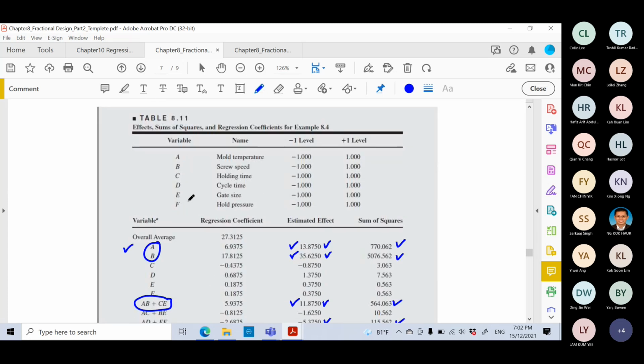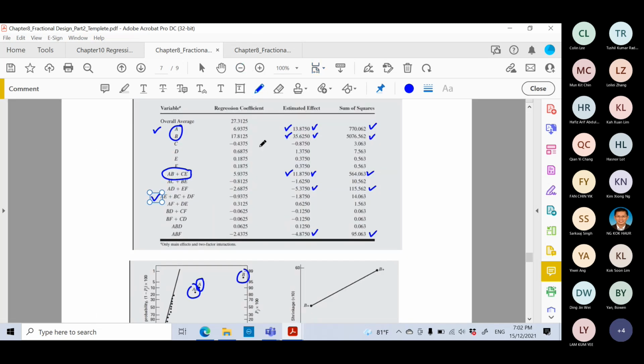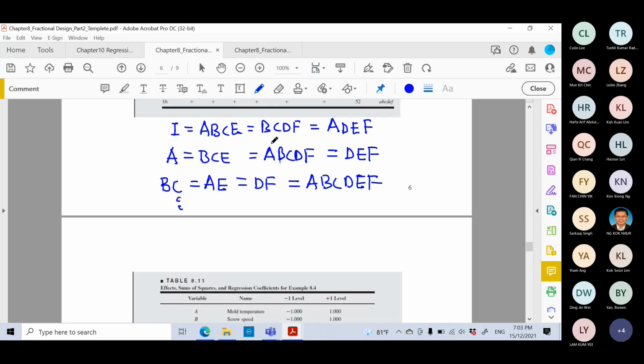Similarly, for this part, AB and CE: if you multiply all these things, you have AB equal to CE, equal to, if you multiply AB, you get ACDF. You have another one equal to A multiplied, you have BDEF.